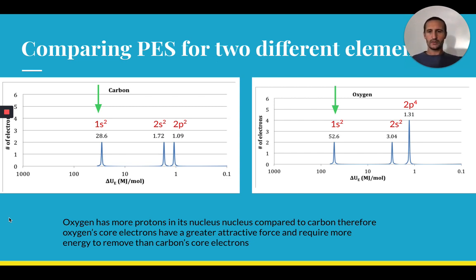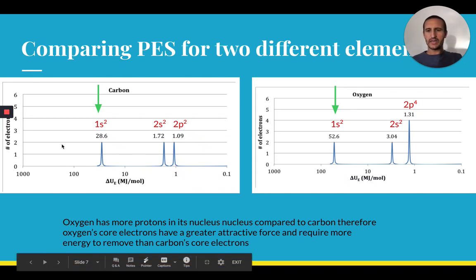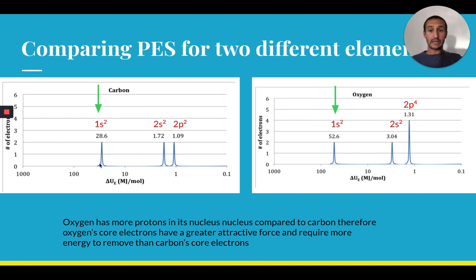And so if we look at the core electrons for carbon, notice that the binding energy for carbon's core electrons is less than the binding energy for oxygen's core electrons. Because oxygen has more protons in its nucleus, it's going to have greater attractive force, and it's going to require more energy to remove those core electrons from oxygen compared to carbon.